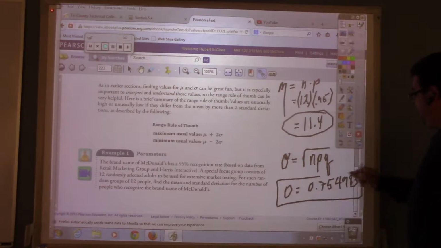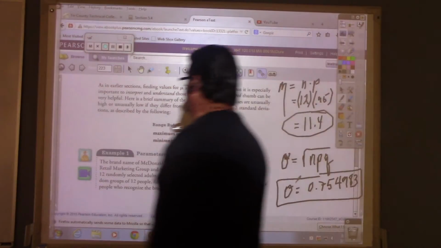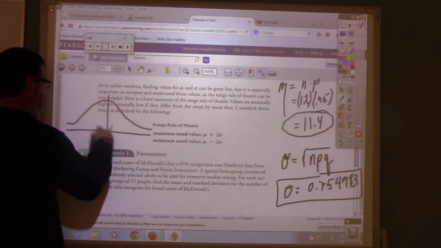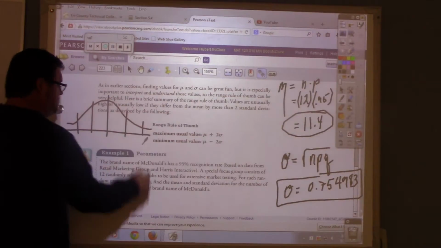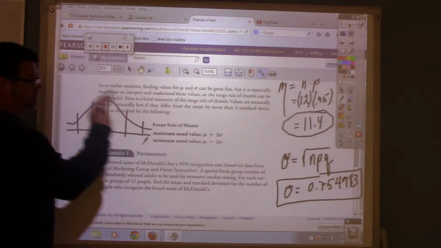Now that you have the mean and the standard deviation, what can you make? Bell curve, Hubert. That's right, class. Something that I've been teaching y'all since the first week, how to draw this bell curve. So I'm just going to use 11.